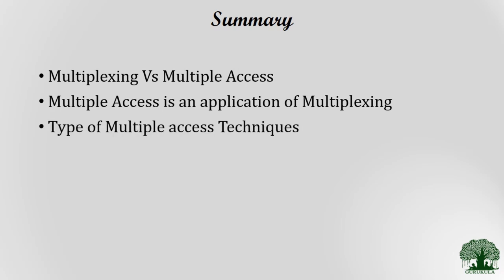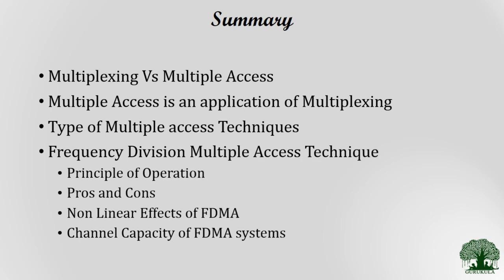Later we understood that there are different types of multiple access techniques available: FDMA, TDMA, spread spectrum techniques, and others, out of which we discussed in detail the frequency division multiple access. In FDMA, we started off with the principle of operation, then discussed certain pros and cons related to FDMA, and then we saw when the nonlinear effects of FDMA arise and what their causes are.